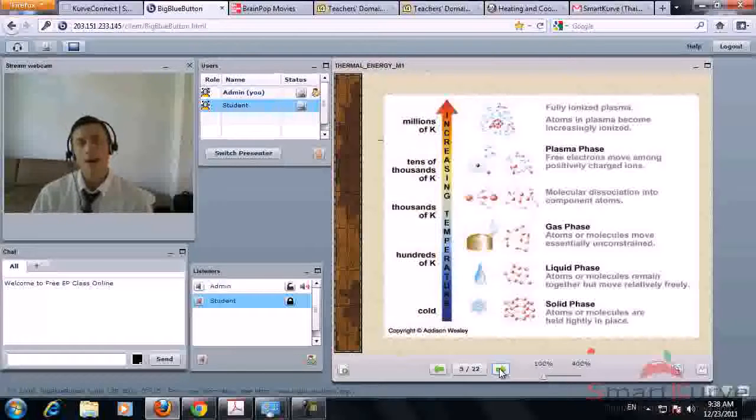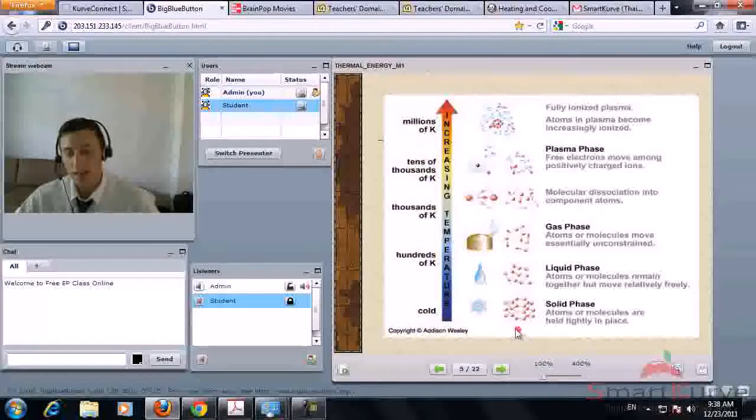This is the phase where the molecules have very little energy, so there is very little motion. They are moving very slowly, and they are moving so slowly that they actually form a crystal.